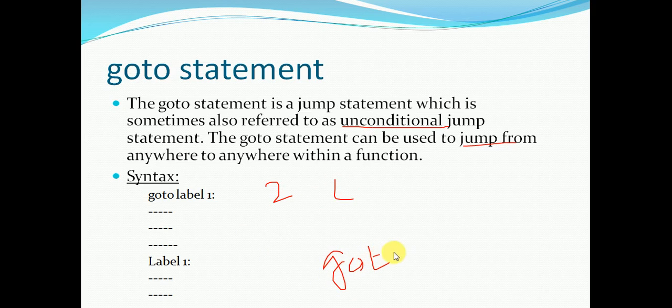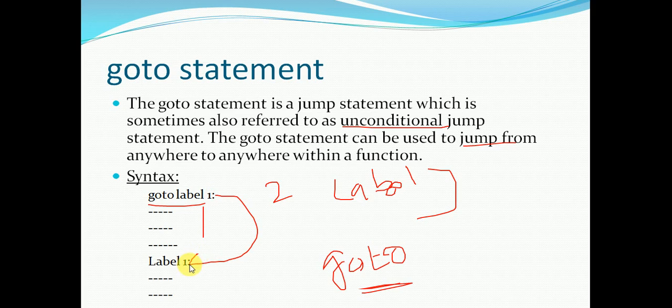So forward and backward. Here first we specify the label. First write the label, that means the action you want to perform. Then whenever you want to do this action, there write the goto statement. Another way is first write the goto label, then do the actions. When this label 1 occurs, the control directly moves to this label 1. Clear?